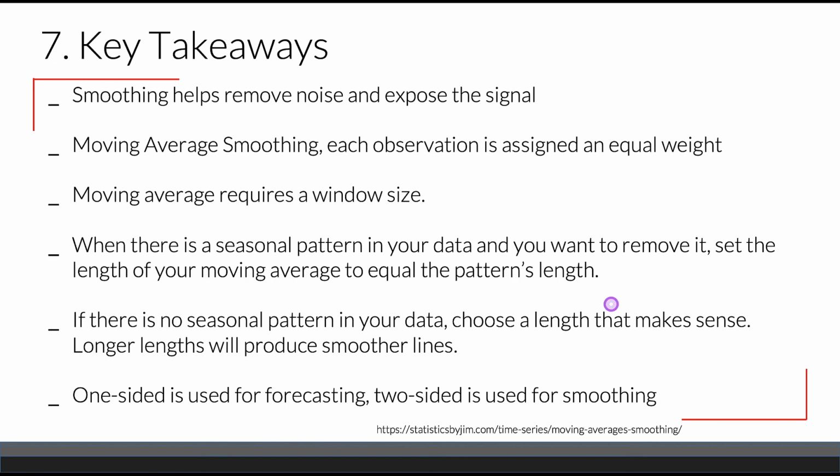We've also seen that moving average requires a window size, so we have to specify what our length is. Now, if there is a seasonal pattern in your data, you should set your moving average equal to that length. But if there's no seasonal pattern, you can choose a length that makes sense to you. And of course, the longer the length is going to be, the smoother our lines are.